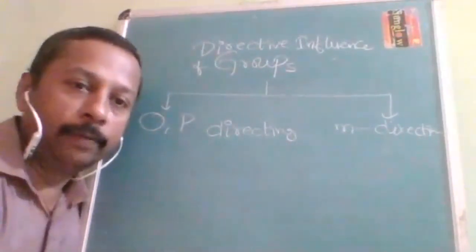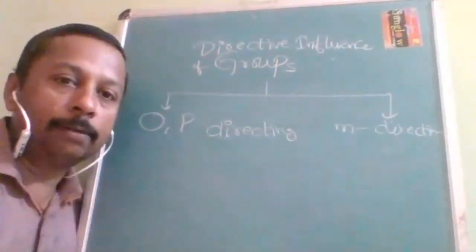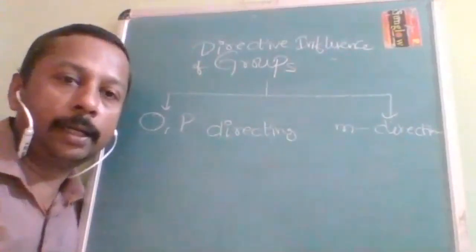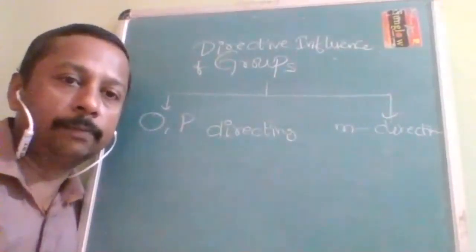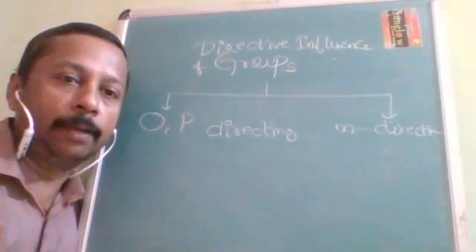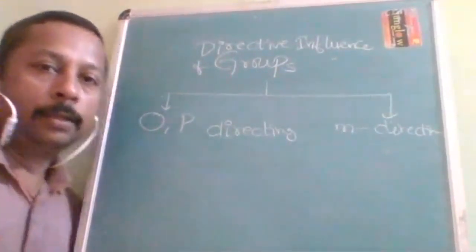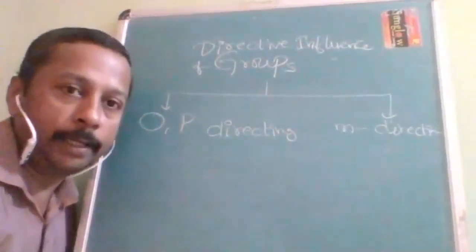Are you ready with me, students? So, a short trick to find out OP directing or M directing. If you understand this, then in future also it is going to be very comfortable in organic. My intention is to make organic easy.